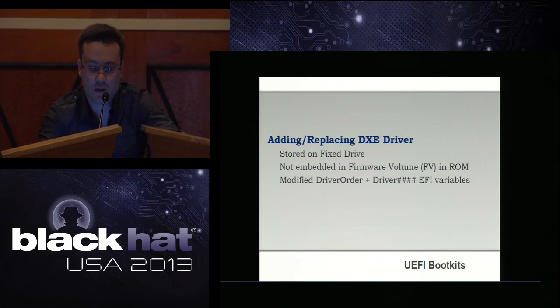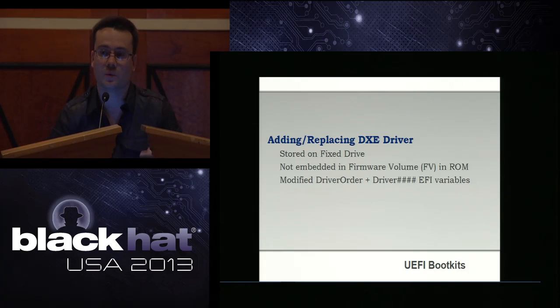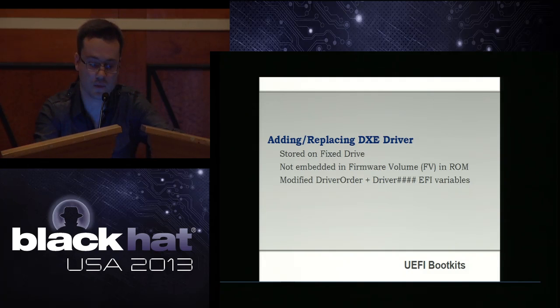Typically that wouldn't involve patching the BIOS, right? That would be a non-embedded DXE driver, and that would also require changing some variables like driver order, Driver0, 1, 2, 3, and so on.